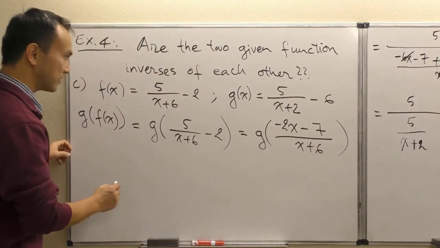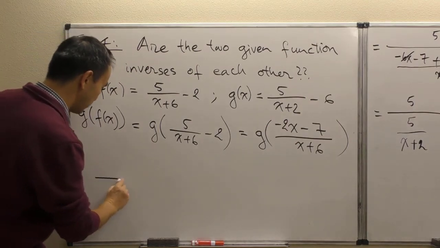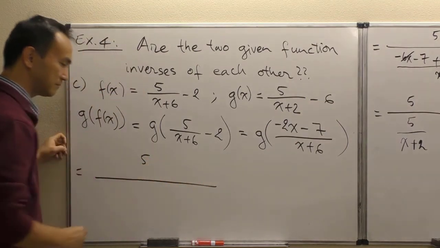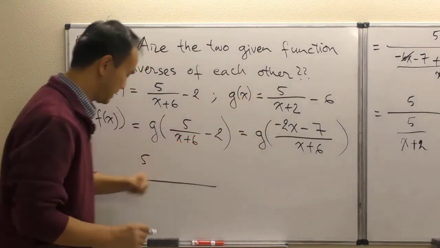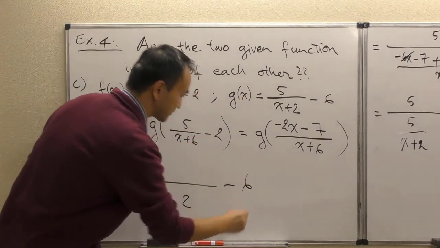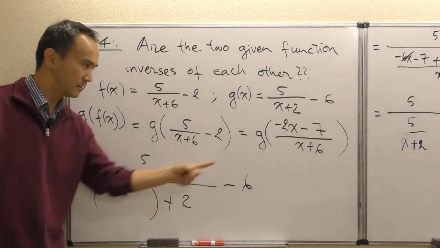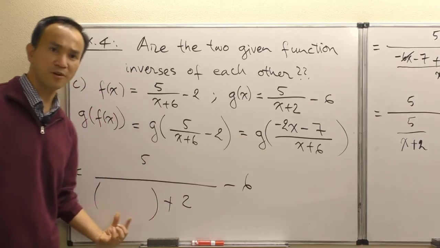So in the next step, I'm having the following: 5 over the input, plus 2, minus 6. And that empty parentheses here is ready for this gigantic input. That's why I put it so big.